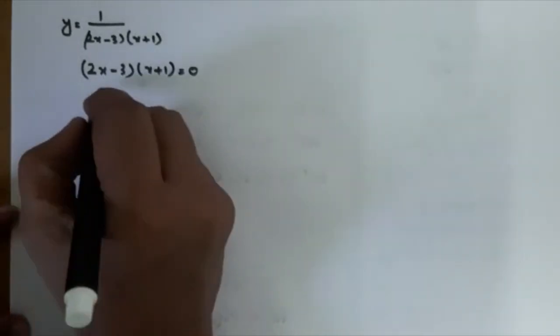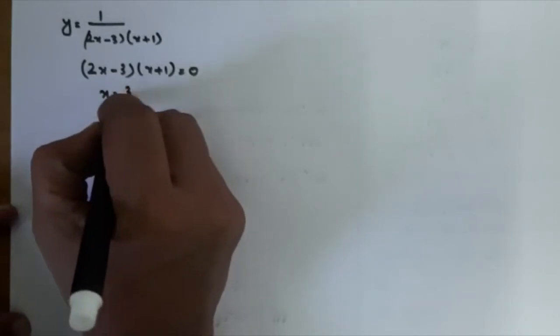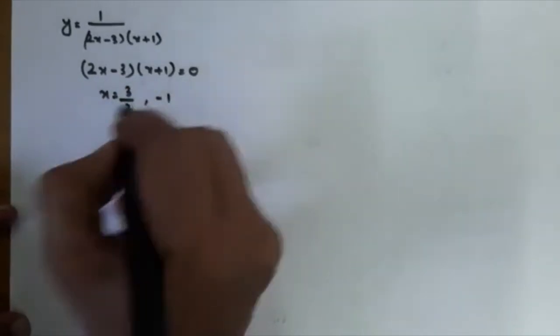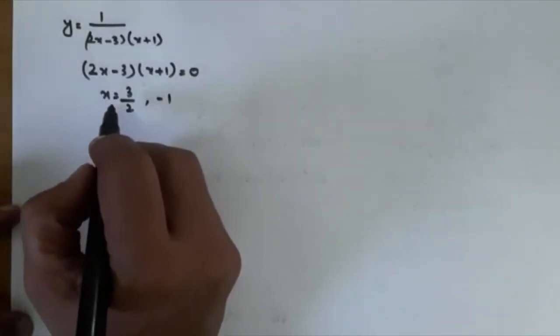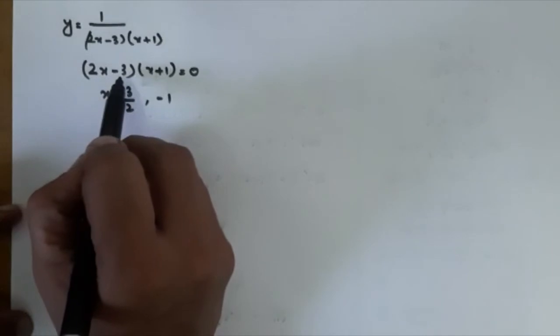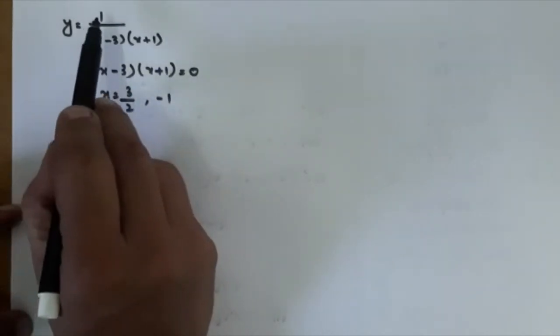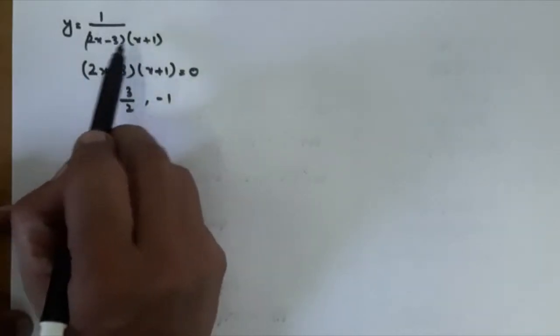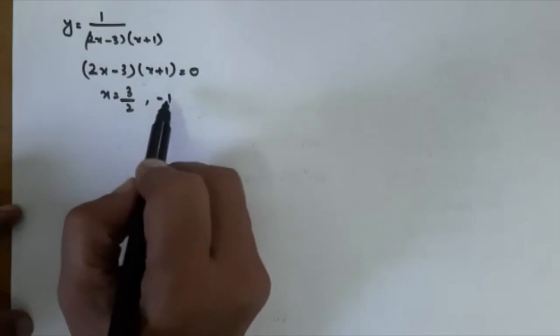What are those values of x? x equal to 3 by 2 or minus 1. If x equal to 3 by 2, what happens? 2x minus 3 becomes 0. That means this product will become 0. That means the denominator becomes 0. Therefore, we won't get a valid answer. This is the case when x equal to minus 1 also.